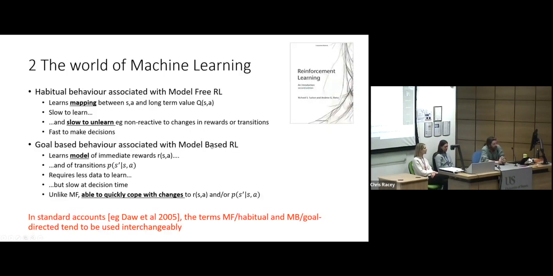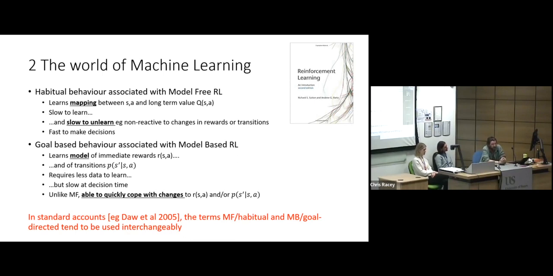Then in the world of machine learning, if we think of reinforcement learning, there are two distinct types. One is model-free, where you just learn a direct mapping between something happens and I do it. So it's very like habitual behaviour in cognitive sciences. And model-based, where something happens, I work out what it means, and then I come up with an action in response. So that's the goal-based.